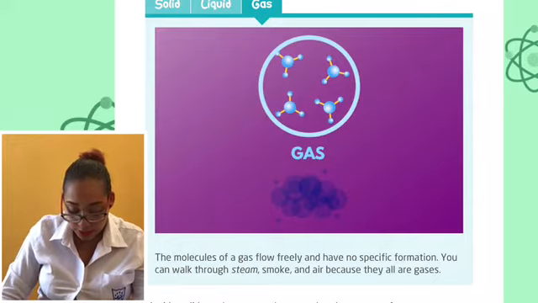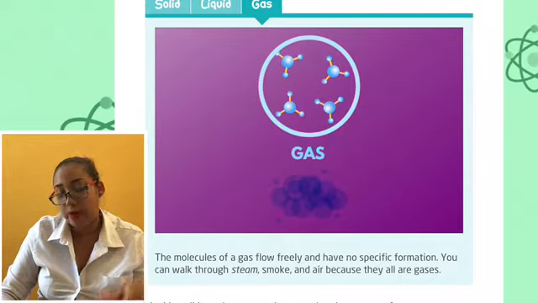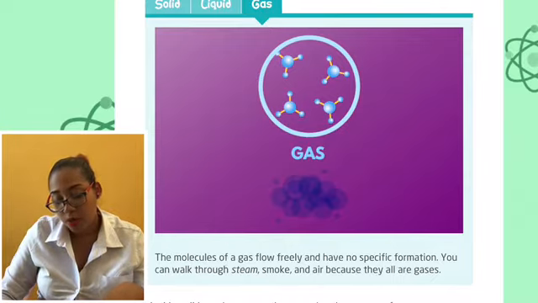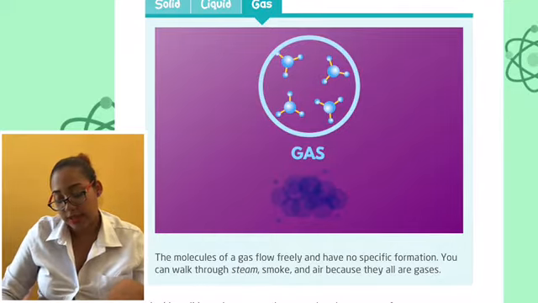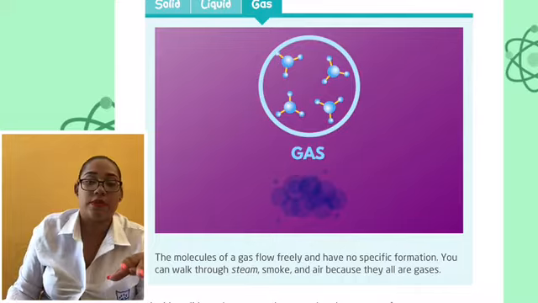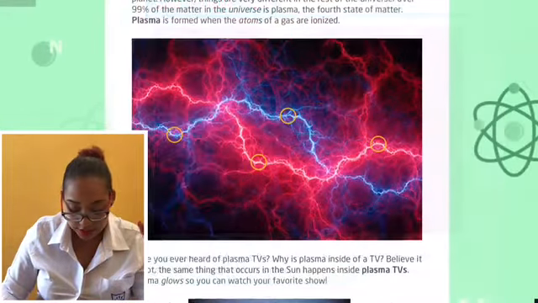Gas. The molecules of a gas flow freely and have no specific formation. You can walk through steam, smoke, air, because they are all gases, okay? The molecules of gases are a little bit more separated. Let's continue.